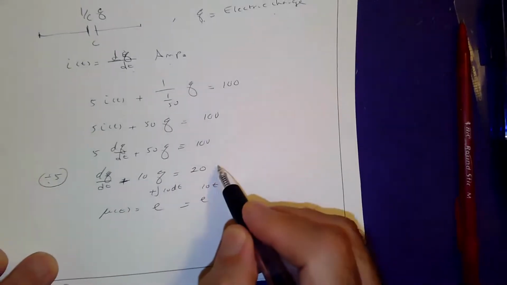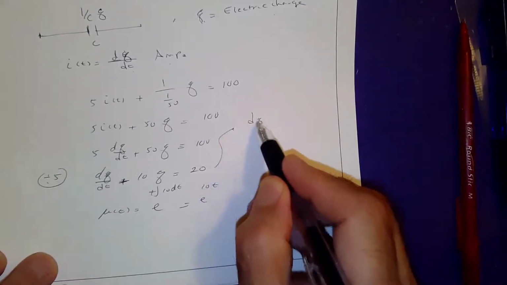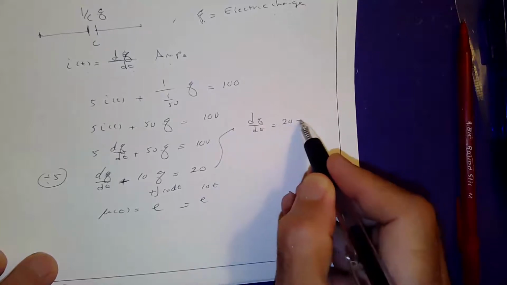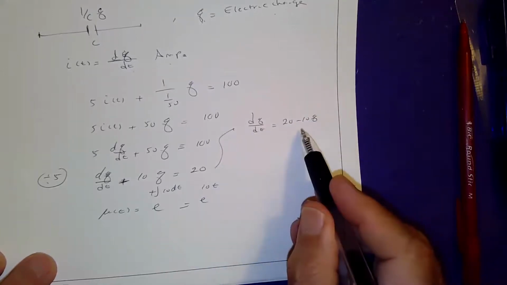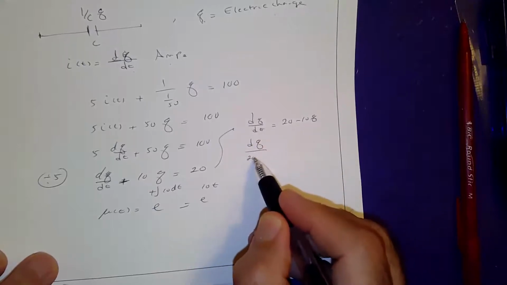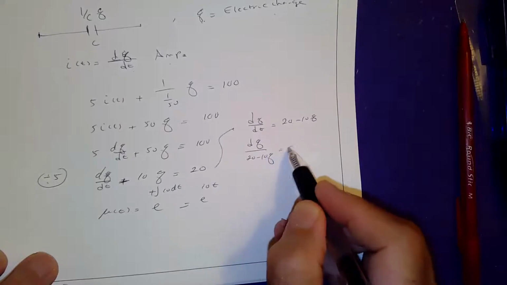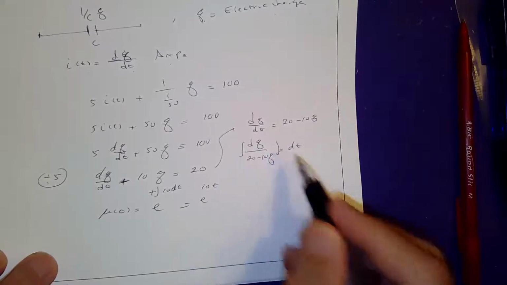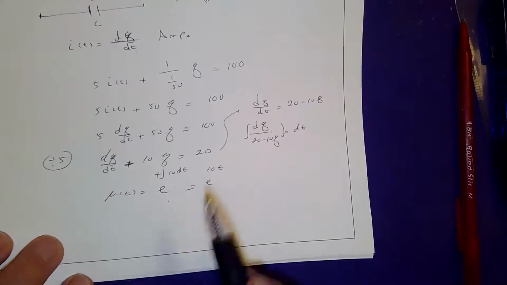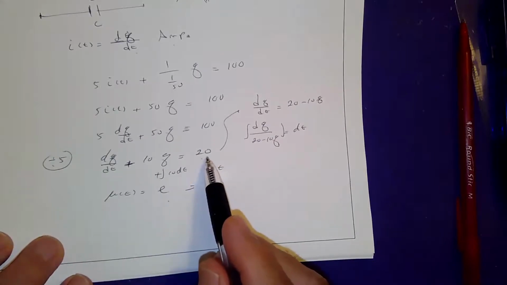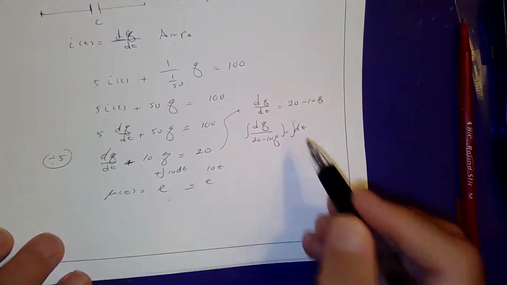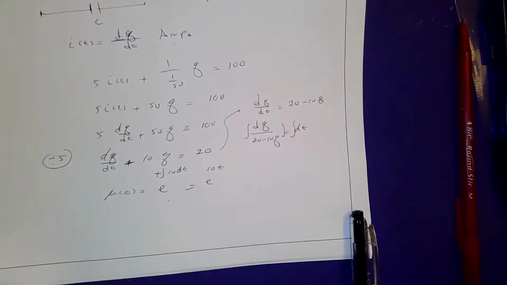How? You can go dQ/dt equals 20 minus 10Q, so dQ over 20 minus 10Q equals dt, and integrate. That way you don't need the integrating factor. But remember, that only works when you have a constant on the right side, correct? So you can just integrate and be on your merry way.